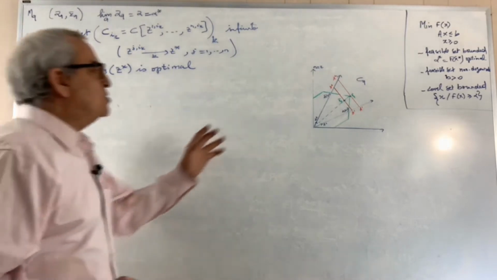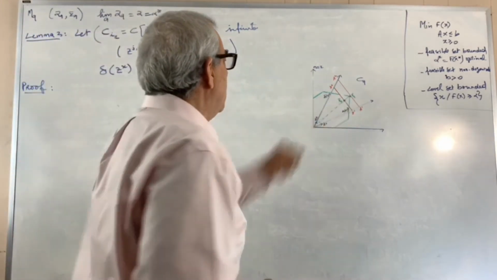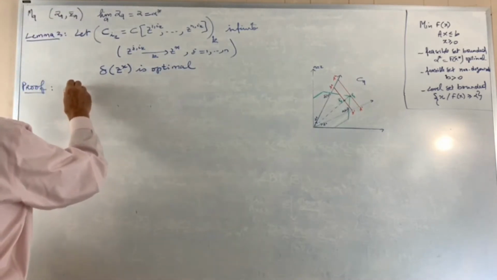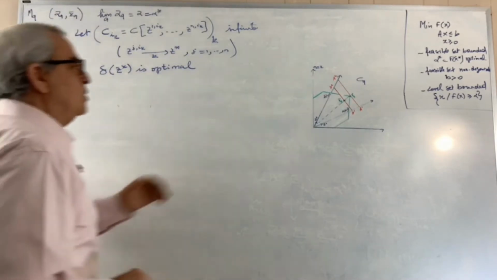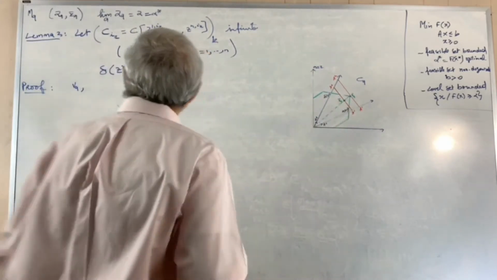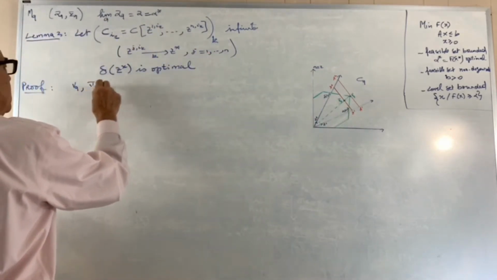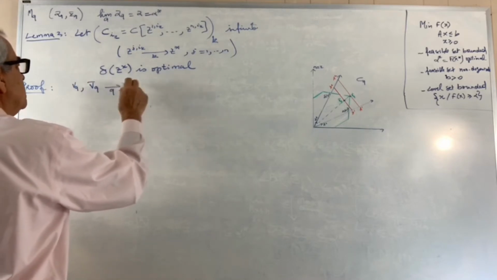so we go to the same picture as we have before. Remember in lemma 2, we showed that v_q was the optimizer of the LP, and v bar q, just refer back to lemma 2, converges as q goes to infinity to delta of z star.